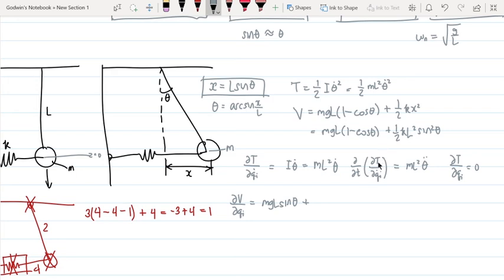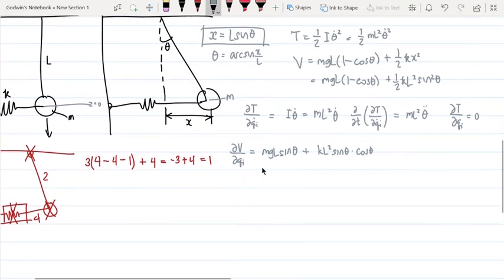Well, let's just treat the sine theta as one thing. So it's something squared, right? If you're gonna derive something squared, bababa mo yung 2. So 1/2 times 2, that's also gone. So it's kl squared, cancel yung 1/2 and 2, and then we multiply it by its derivative, right? Cosine theta.